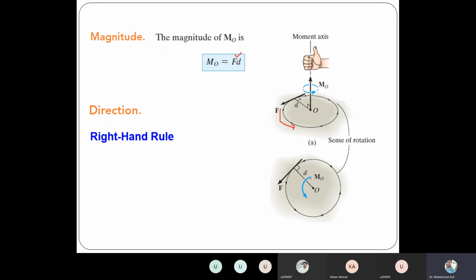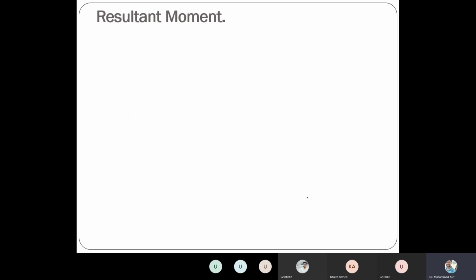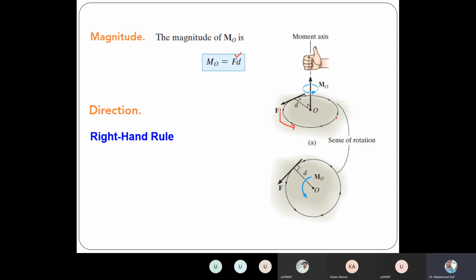Let's say again, this is the direction of this. So if you reverse the direction of the force, right, then what will happen to the direction? Let's say the force is applied in this direction, and the moment arm is now this one.